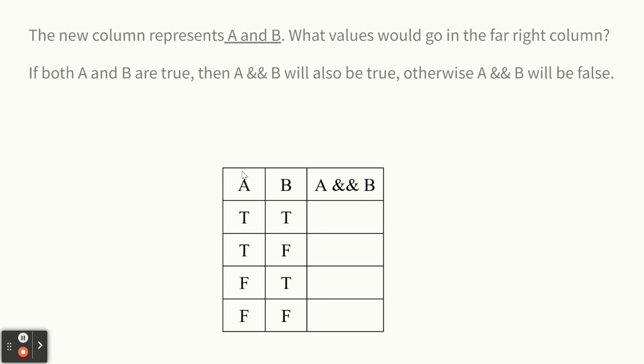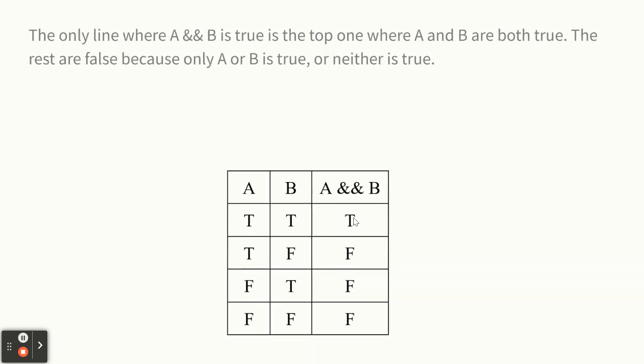So if condition A is true and condition B is true, then A and B is also true. Otherwise, they have to both be true. Otherwise, the final column will be false. So you can just ask yourself, when we're doing an and, both the conditions going into the and have to be true. Otherwise, you put false.